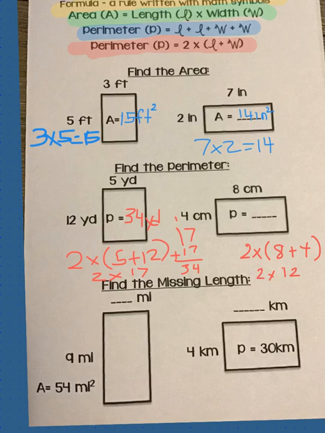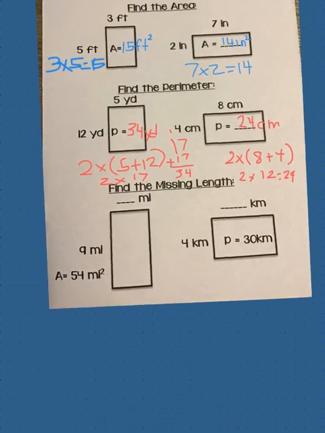Okay, 2 times 12, I know that one. That's one of my facts, is 24. All right, my 24 doesn't look like 24, but it does say 24. All right, 24 centimeters is my unit.